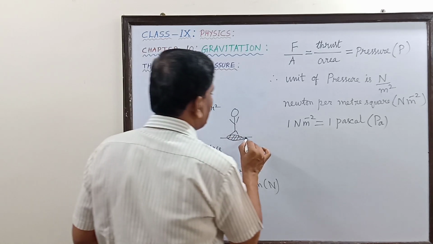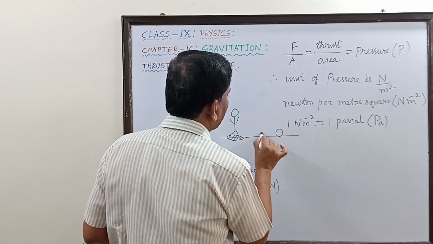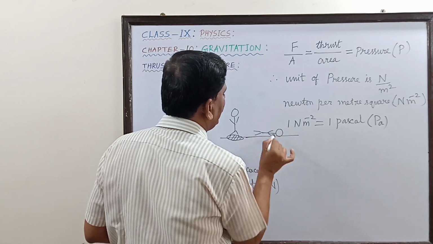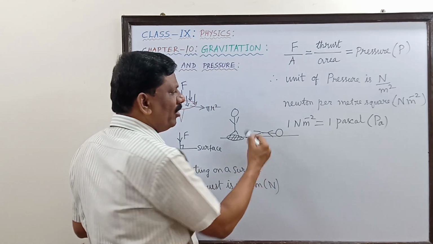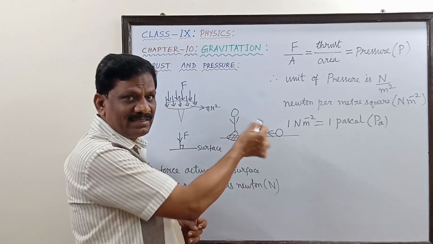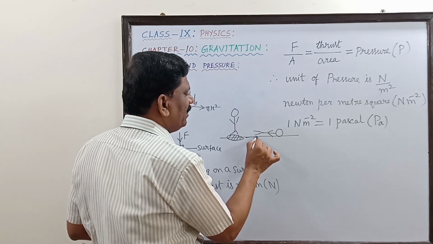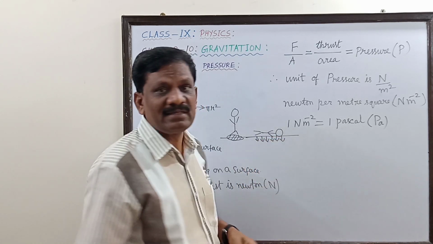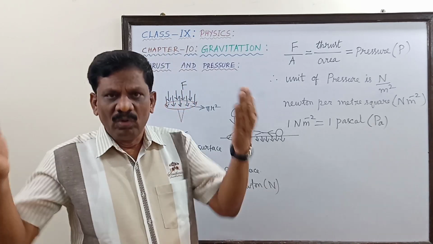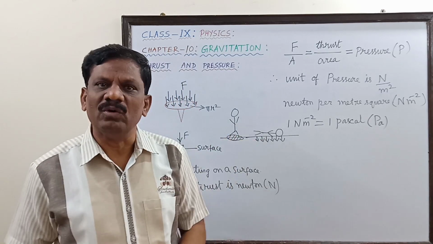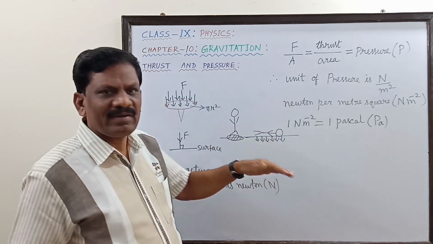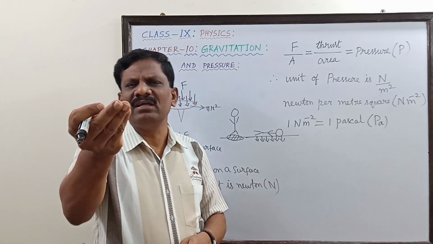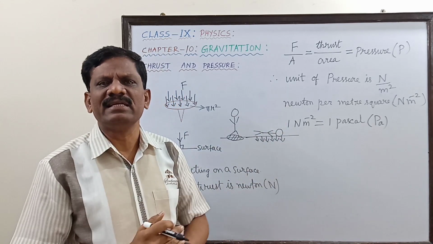Suppose the same person is lying down like this. The body weight is the same whether he stands or lies down. Now this entire weight of the body is acting on a larger surface, so we cannot go deep inside the sand. Even when a wave passes several times, you will penetrate only a very small depth inside the sand.